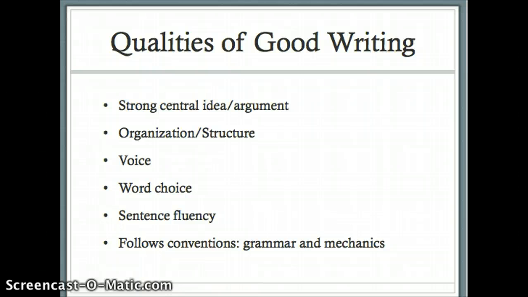So if we're talking about literature, you want to use and point out metaphors, similes, the language that we use in class. And then word choice, this again relates to voice. So are you picking strong words, words that have meaning and purpose behind them, or are they weak words?